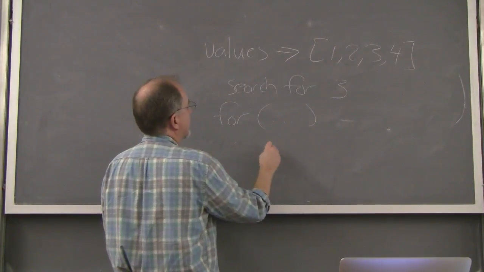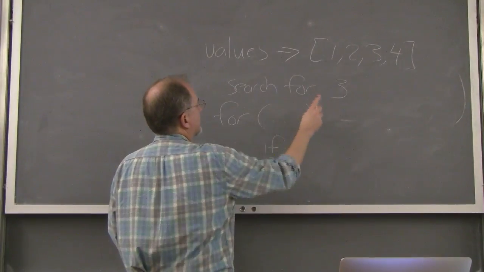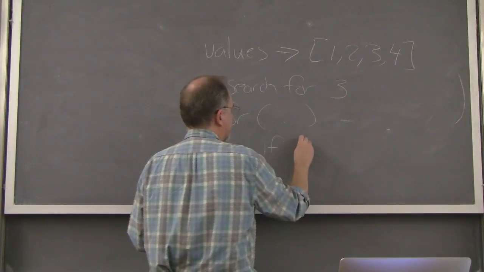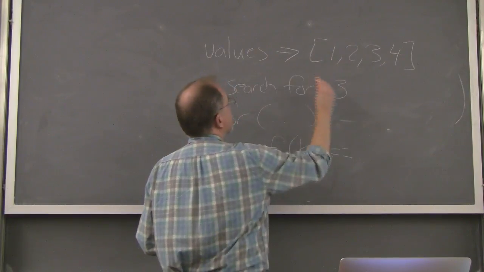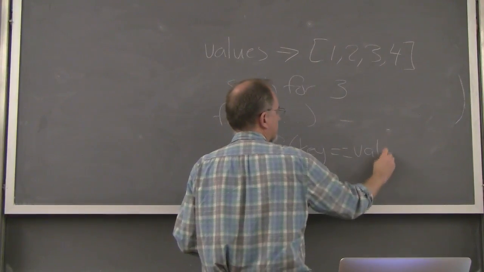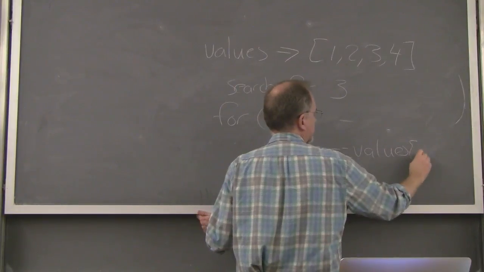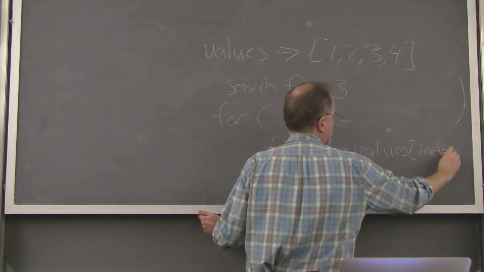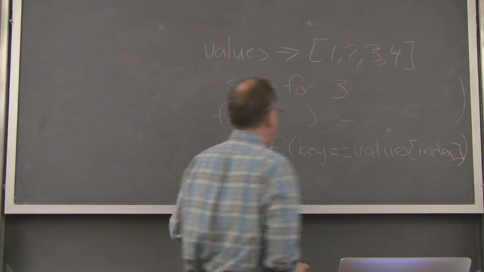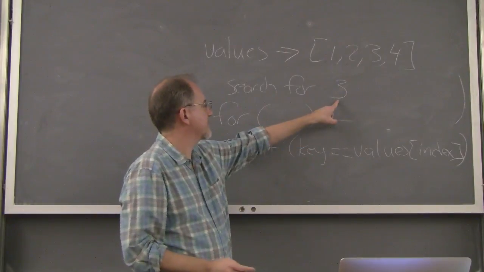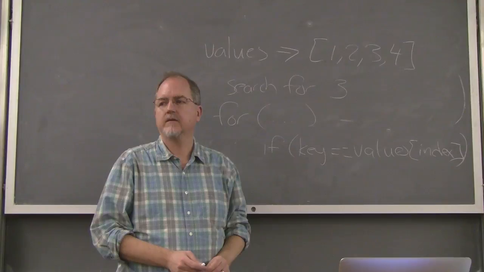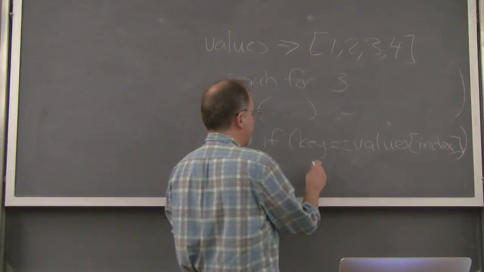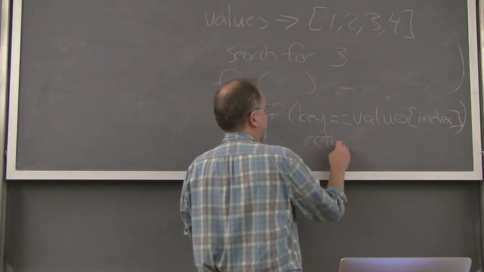In there, I'm going to say if key is equal to values at index, if that's true, that this number here is equal to the number in here, what do I want to do at this point? Yeah, I found it, right? So I'm going to return true.